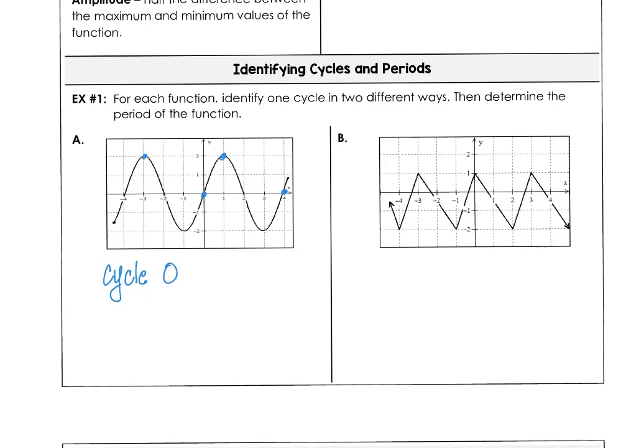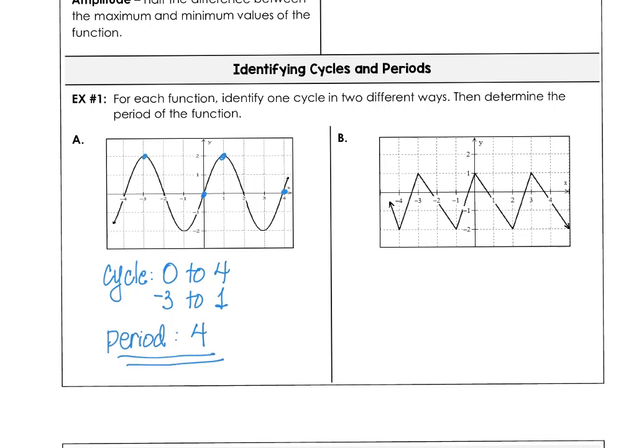So there's 2 different ways, either from 0 to 4 or from -3 to 1. And there's other ways, but that's 2 different ways. So the period would be the displacement or the difference between the start and the stop. And 4 minus 0 or 1 minus -3 would give us a period of 4.